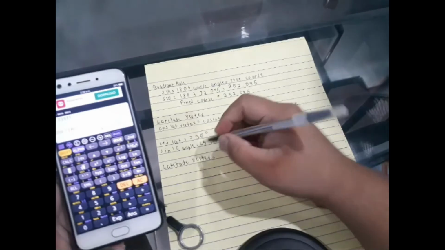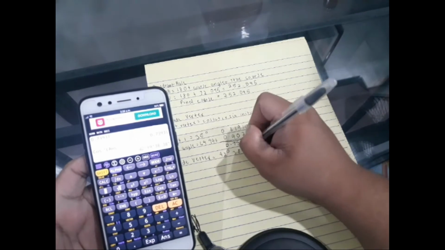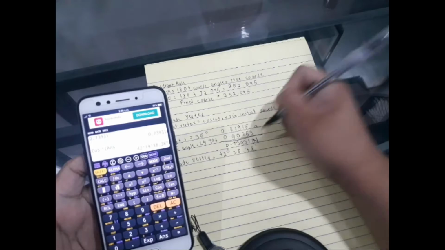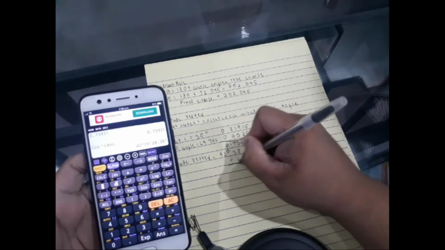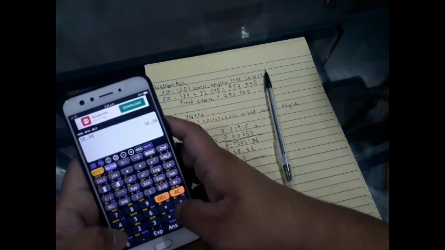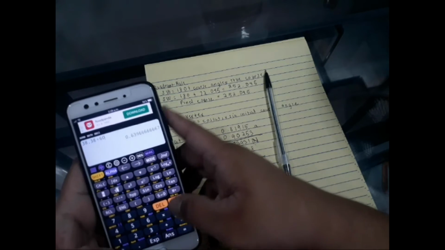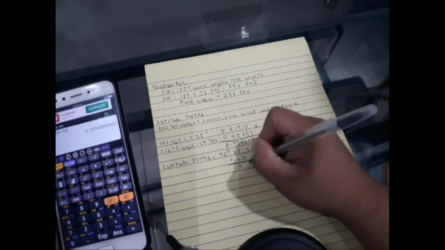So our latitude vertex is 42 degrees and 38.38, and of course 38.38 divided by 60, so we're gonna get just the 0.6.